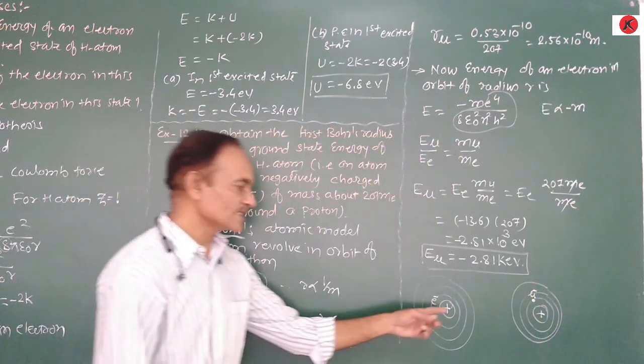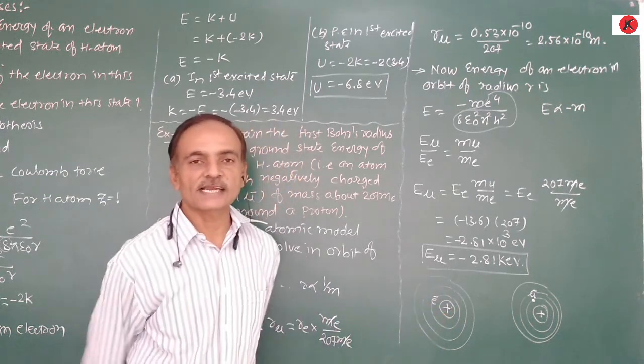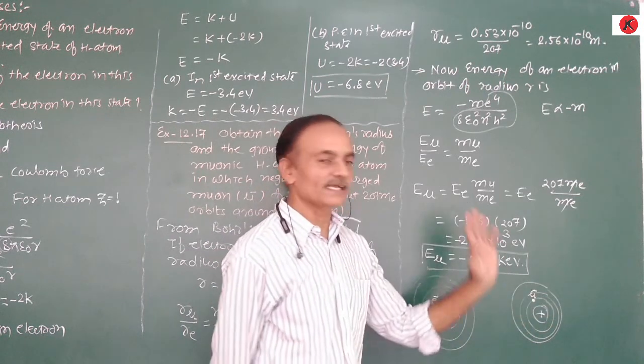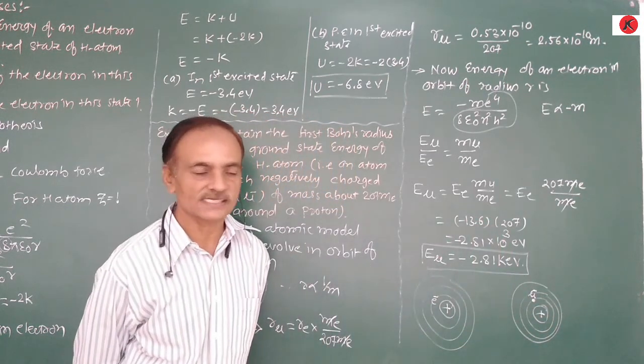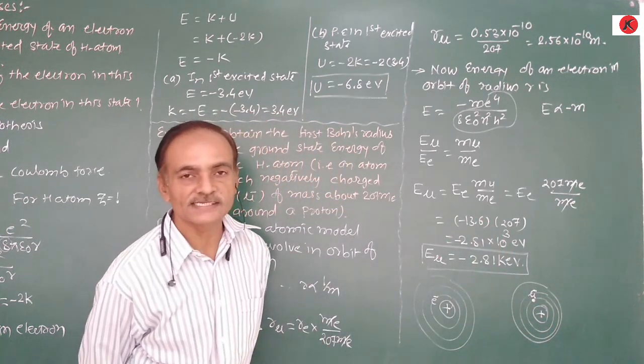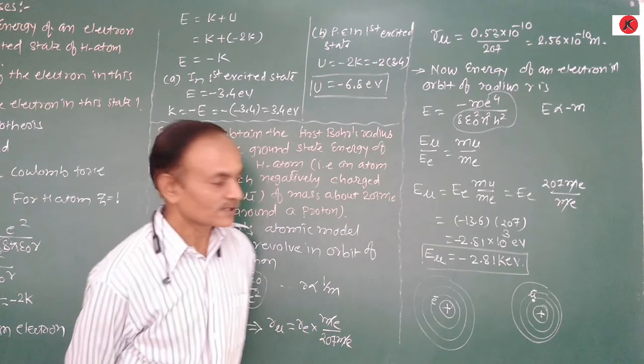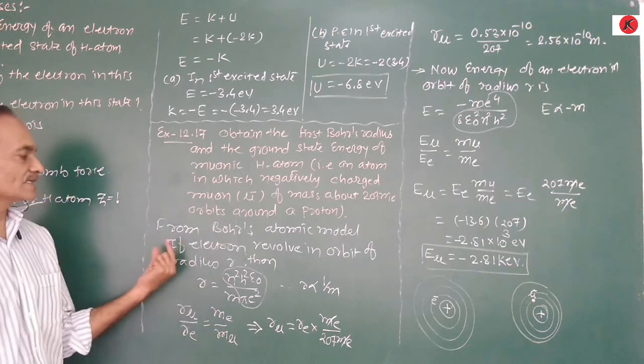Here we have to find the Bohr's radius and the ground state energy of the muonic hydrogen atom. For that purpose, we are using the Bohr's atomic model.